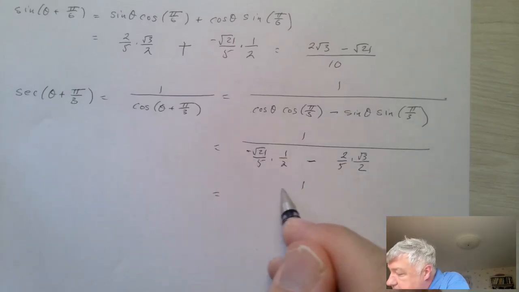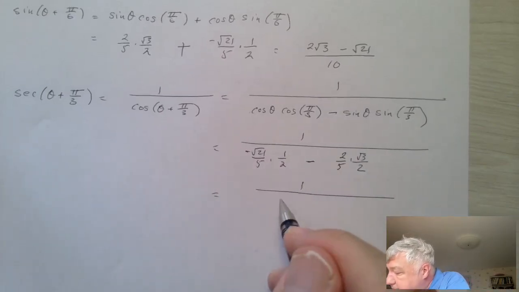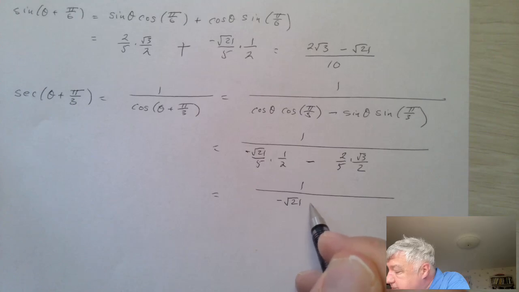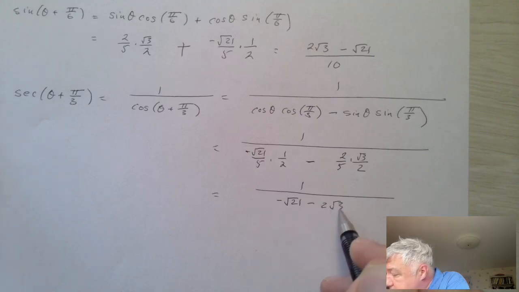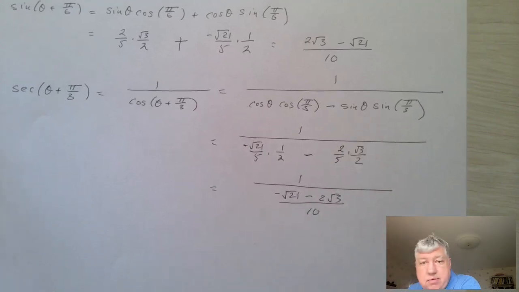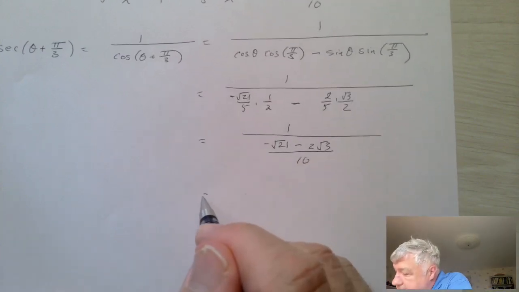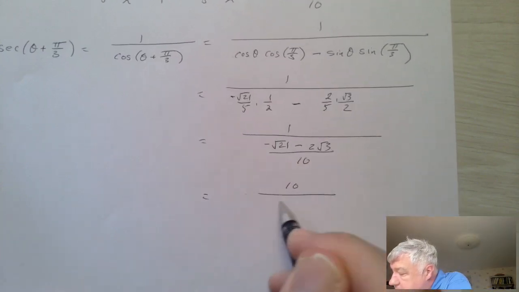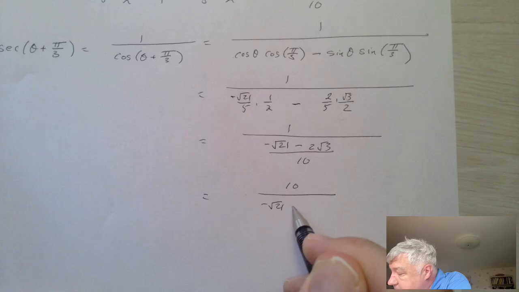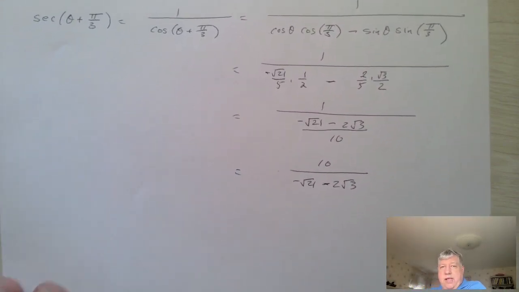So this will be 1 over, then common denominator, negative square root of 21 minus 2 square root of 3 over 10, and this is going to be 10 over negative square root of 21 minus 2 square root 3. And we'll just leave it like that.